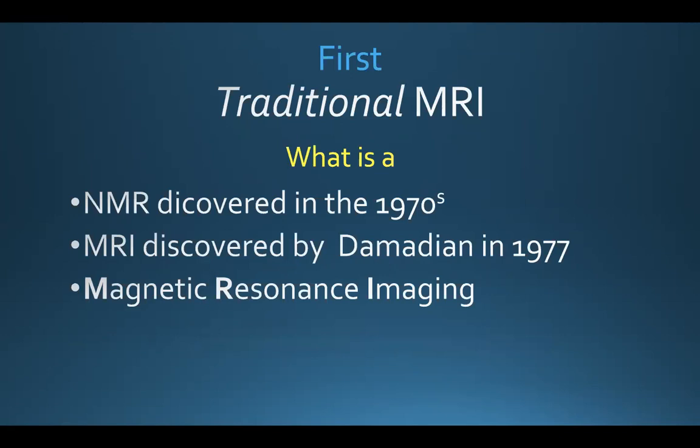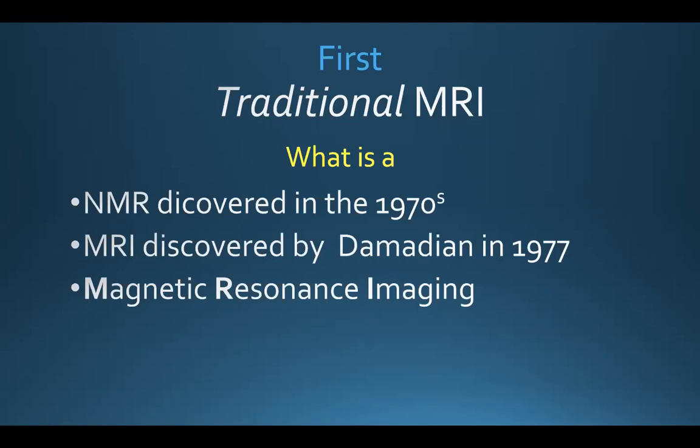This is the one that you and your neighbor and family have had, and millions of them have been ordered. But doctors don't use the word traditional, they use just MRI, which is short for traditional MRI. But what is it? In the 70s, they discovered something called nuclear magnetic resonance, that the nucleus has an electromagnetic field, and then you can study it by radio wave.